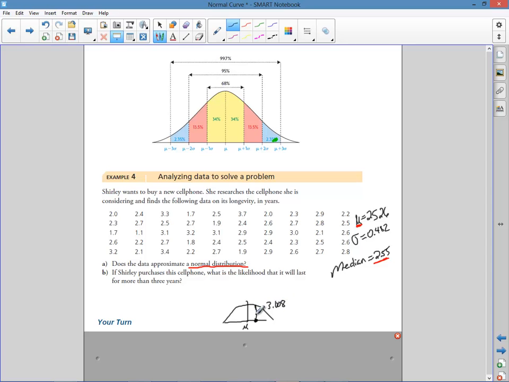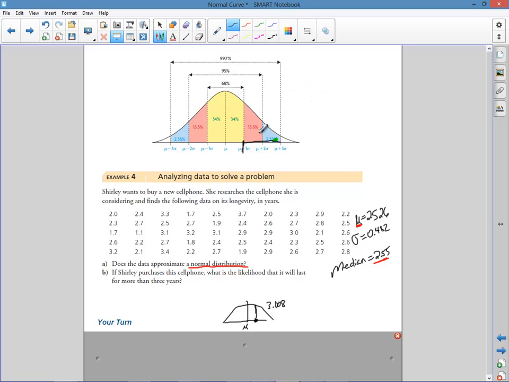So what we're looking for, the likelihood that it will last more than 3 years, is only 1 deviation above.